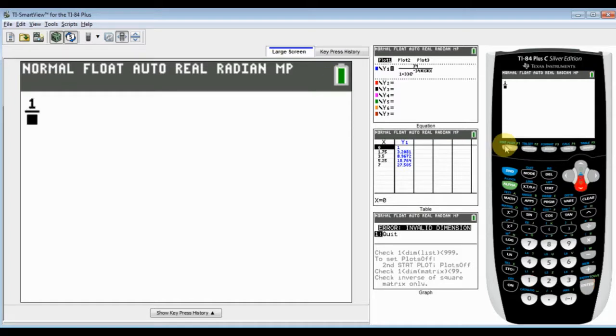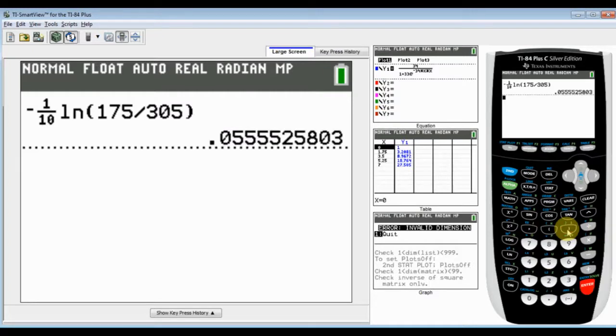Negative 1/10 natural log of 175 over 305. Did I get that right? Okay. And that's going to be my value of k, 0.055.